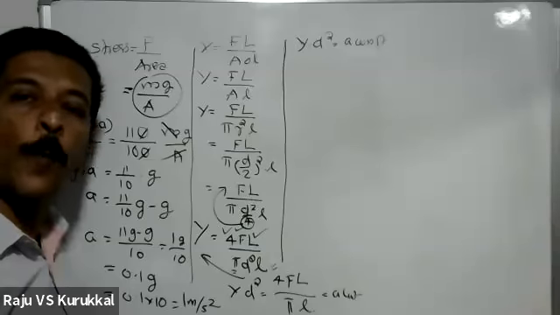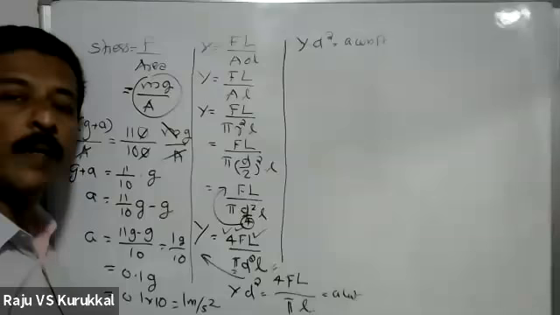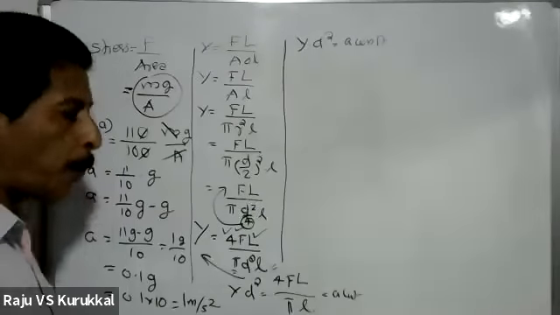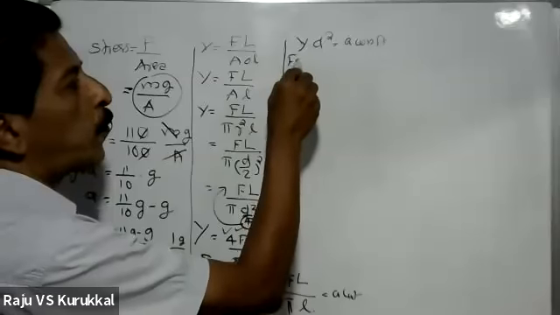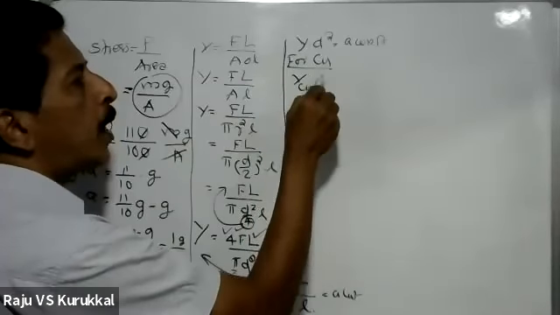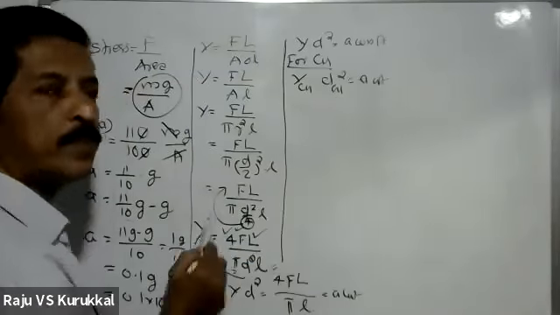Then take it for copper first, and then for aluminium. For copper, Y of copper and the diameter of copper square equal a constant.